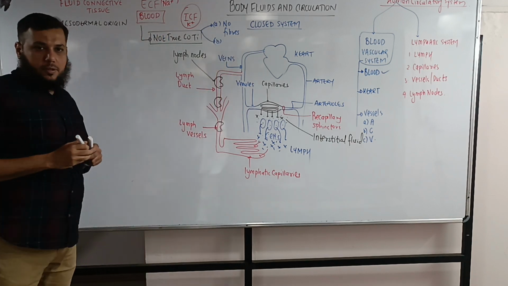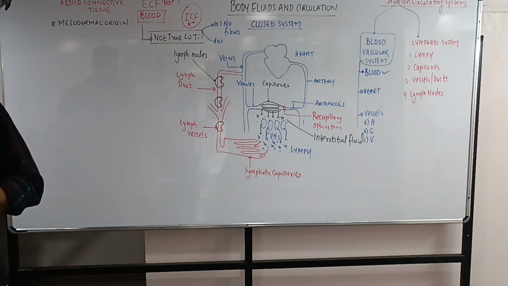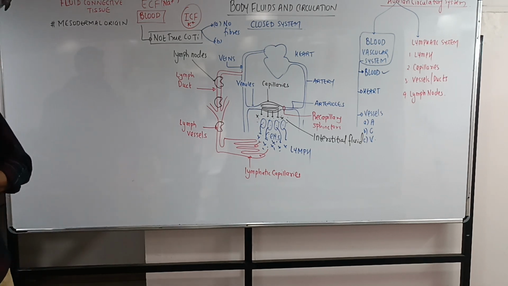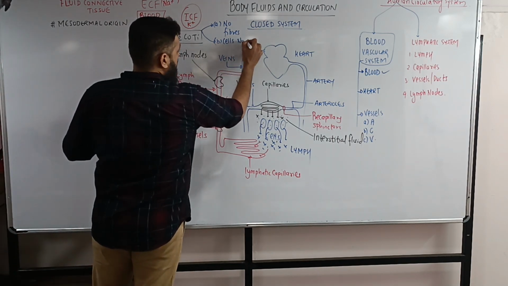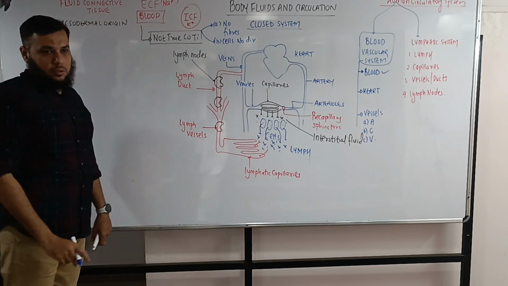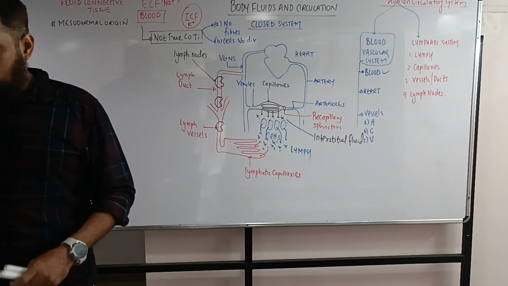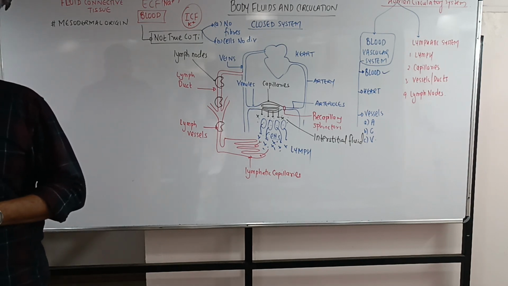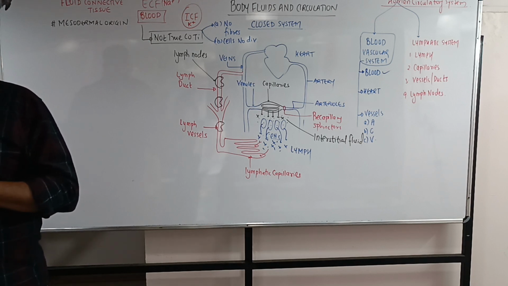What is the other reason? The cells of the connective tissue have the ability to undergo cell division, but the mature cells of the blood cannot divide. The cells do not show division. So these reasons and a couple more make the blood a false connective tissue. Have you got my point?